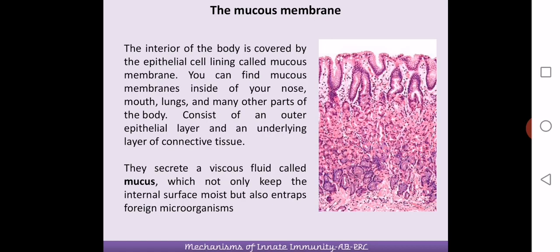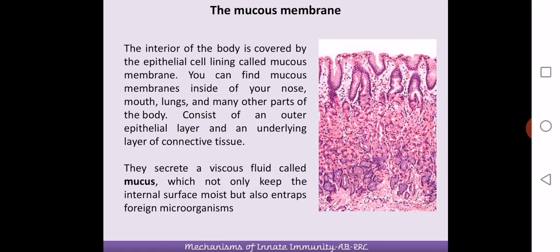This usually consists of an outer epithelial layer and, just like in the skin, an underlying connective tissue. And the very specific and significant feature of the mucous membrane is that it secretes a viscous fluid called mucus.